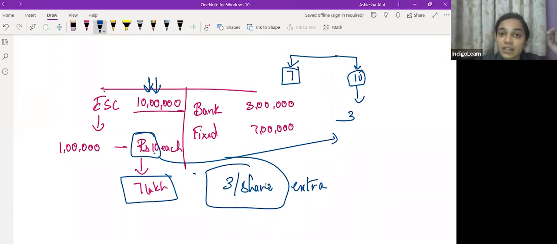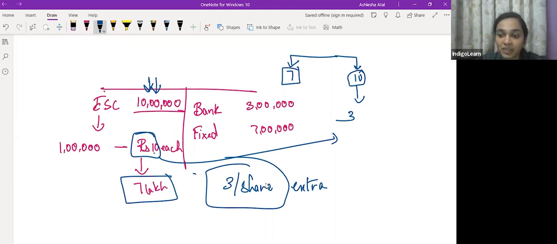However, there can be another situation here wherein the face value is not changing, but since the company is not in need of that money right now, the company says that, okay, fine, we do not need this money right now, so we will return this 3 rupees to you right now, and in future, whenever we need it, we can call for that 3 rupees from you. But in both the situations there is a reduction in the share capital, because the amount that was paid up earlier, out of that same amount the company is giving back to the shareholders. So this is reduction in paid up share capital.